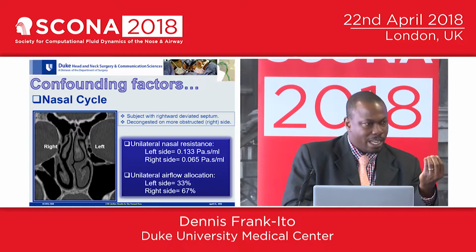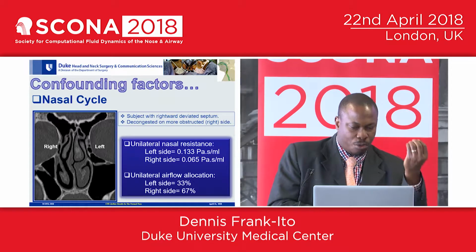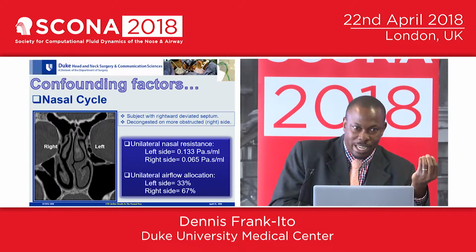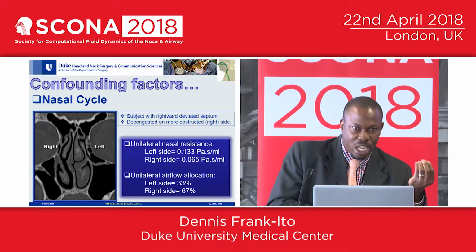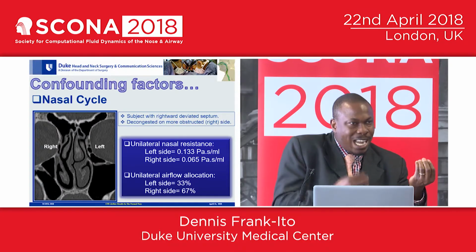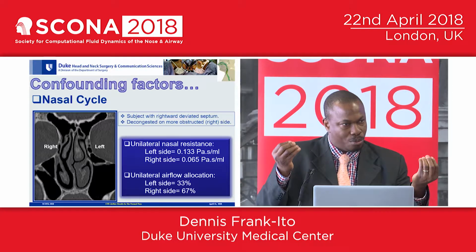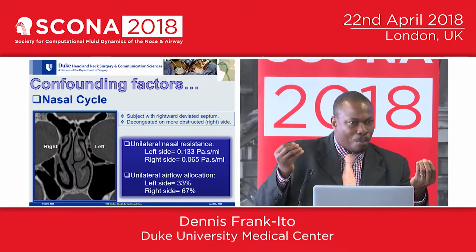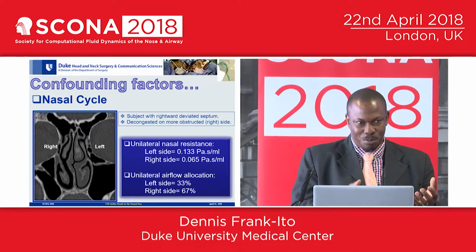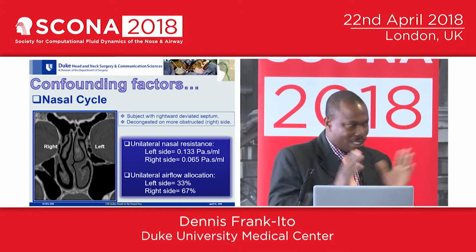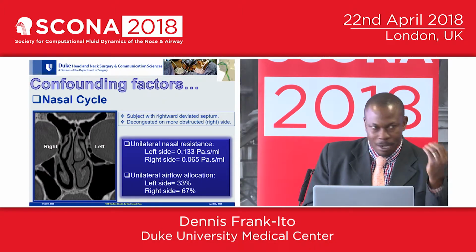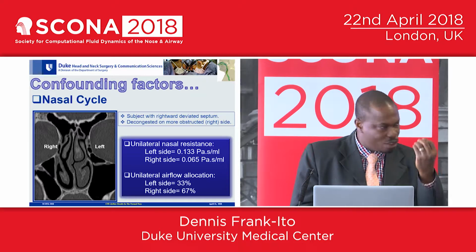But with cycling, that right side has a lower resistance. So the side that should be bad is actually looking like it's the good side. This is the effect of cycling when dealing with one snapshot in time. And that can be a confounder when looking at normal subjects.